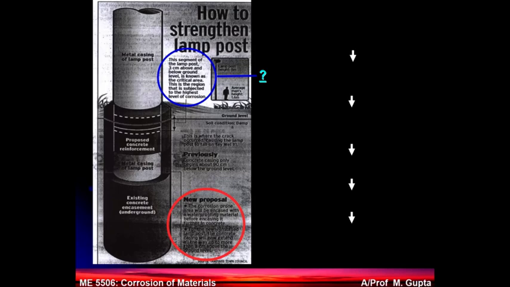Number 2, the oxygen concentration cell sets in, and that leads to the initiation of corrosion below it. Then the lamppost has a certain kind of stress. So now you have corrosion happening below the ground, the action of stress, and the third stage is stress corrosion cracking, because wherever the stresses are there, you call that stress corrosion cracking.